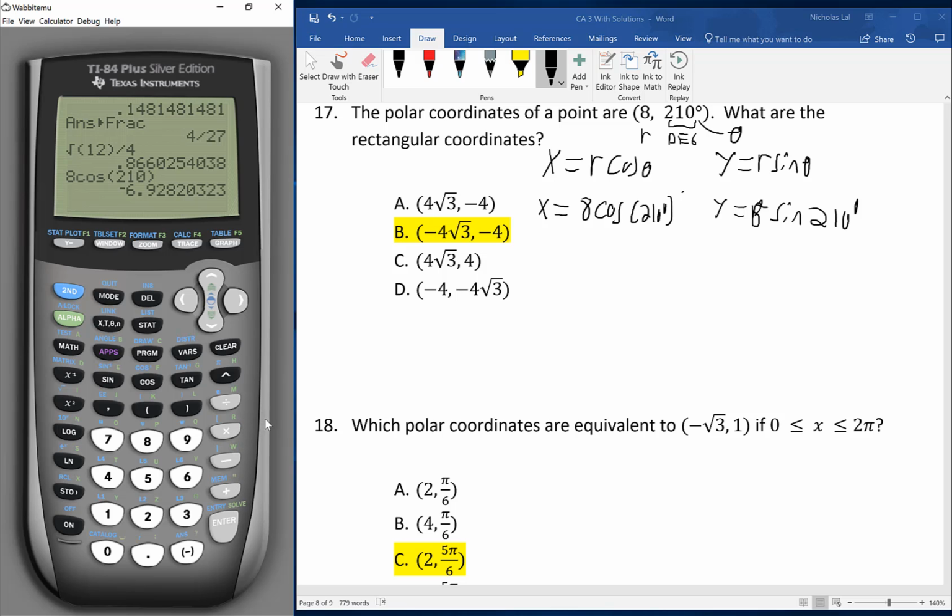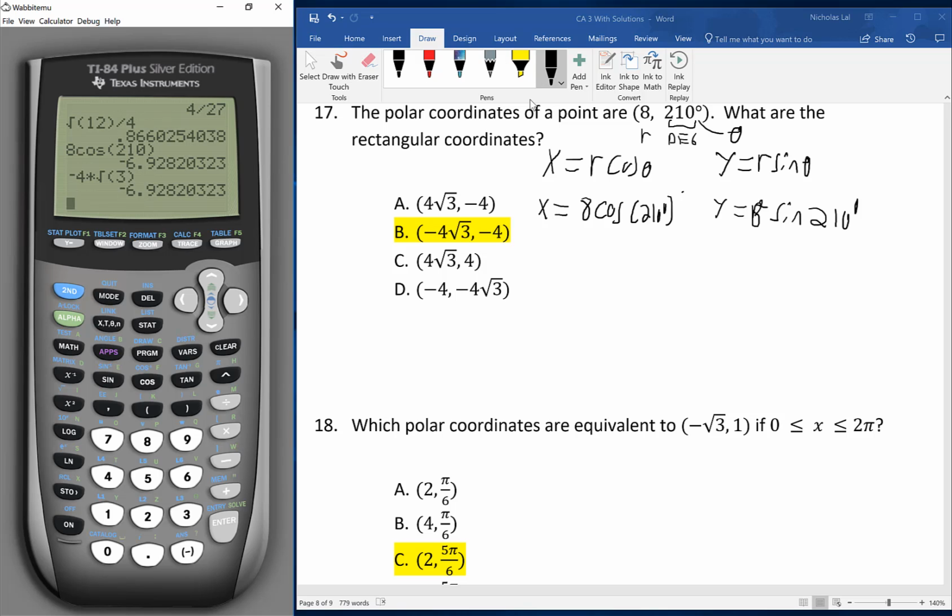That's negative 6.928. And let's see if that's negative 4 root 3. Negative 4 times the square root of 3 is the same value, so we know that's right.